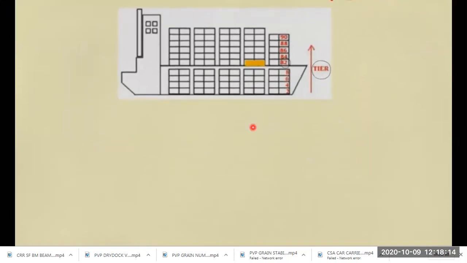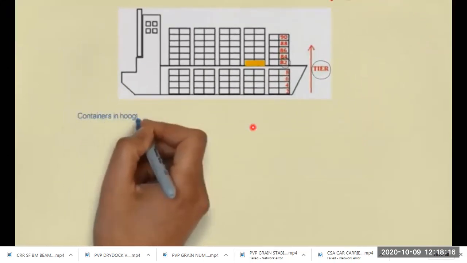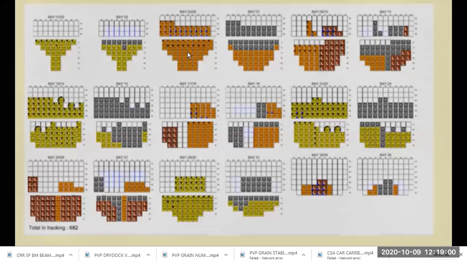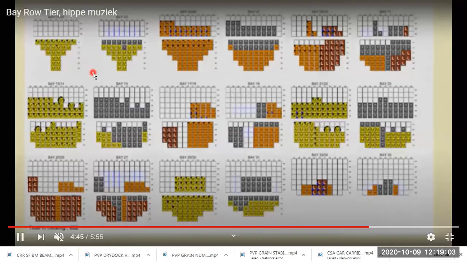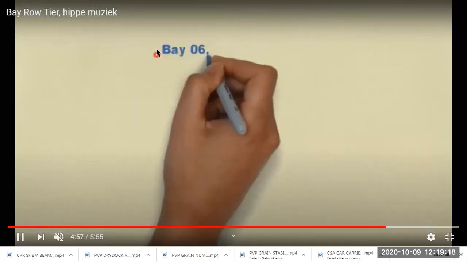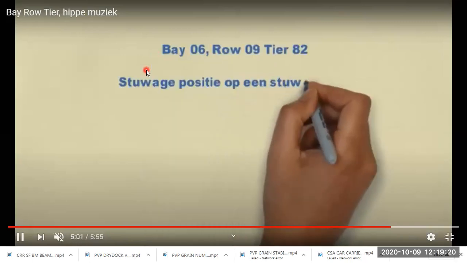So now let's see the bay plan which we have to make. This is how a bay plan you get on the ship for each different bay. We have rows and tiers for each bay, and this is a bay number. So this is how the containers are located. So let's see, we had bay 6, row 9, tier 82.